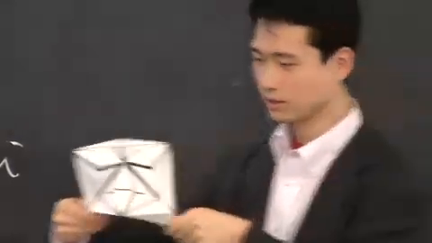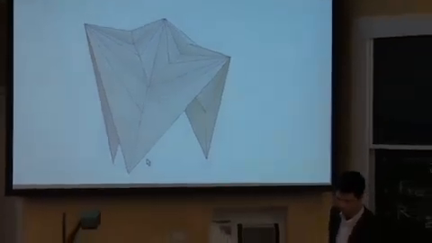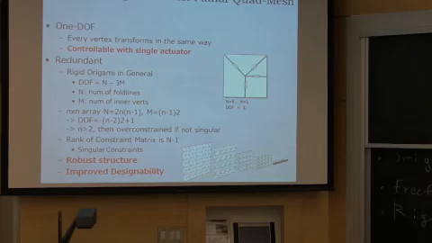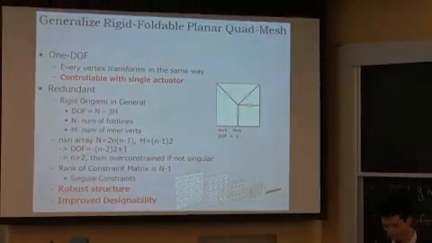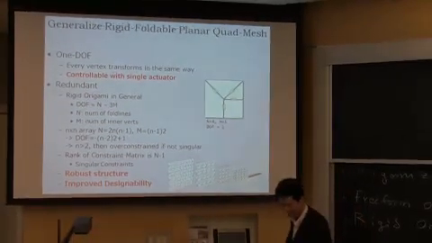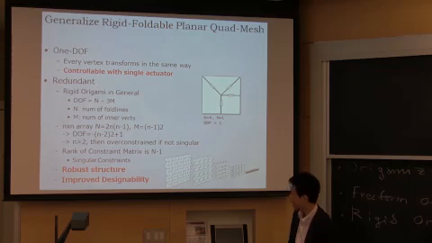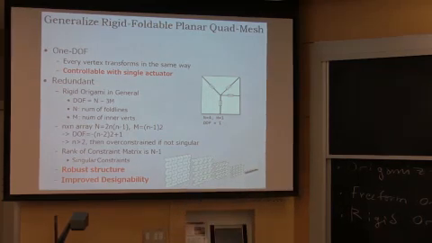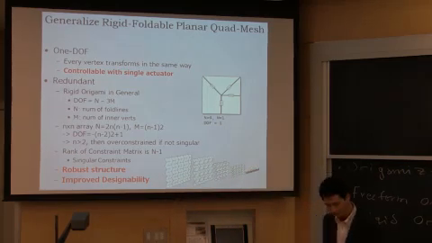So this is one way to build rigid origami structures. This is quite, what do you say? Oops. Obvious result.